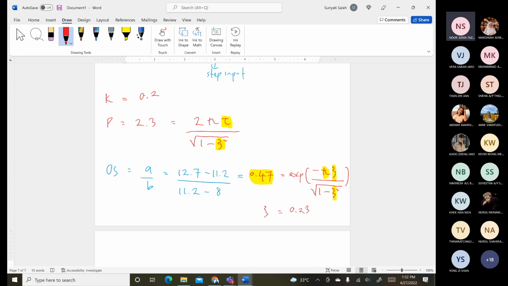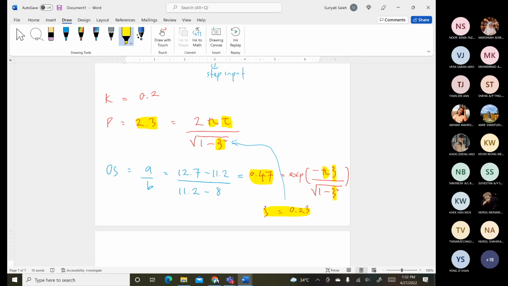So we have the damping value, and lastly, we can substitute our value. This value here can be substituted into this one. So we have the damping value, the period is 2.3, and we know the pi.